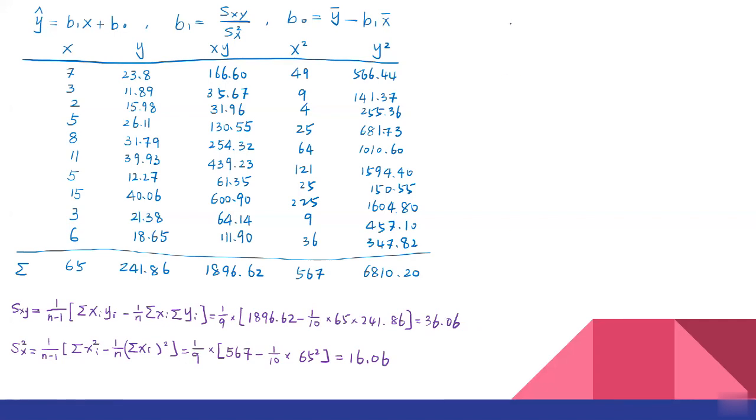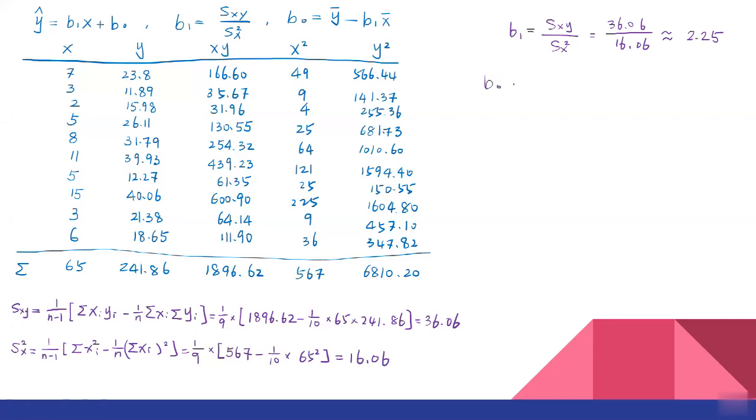So here we can get the value of B1, which is SXY over SX squared, which is 36.06 over 16.06, which is approximately 2.25. This is our slope of the least square line, okay?